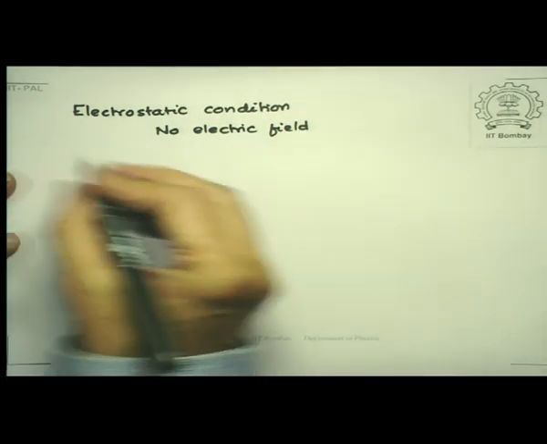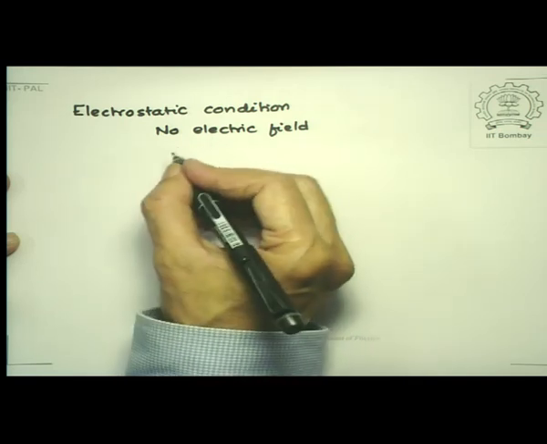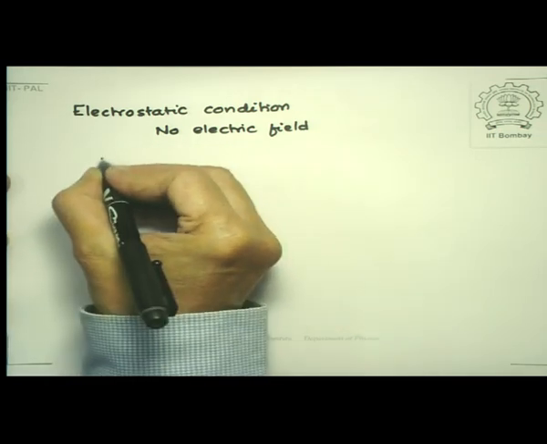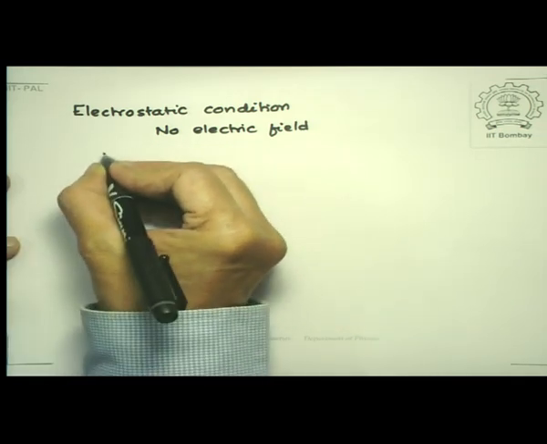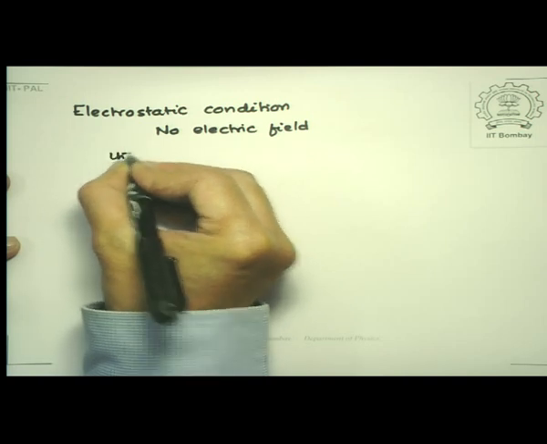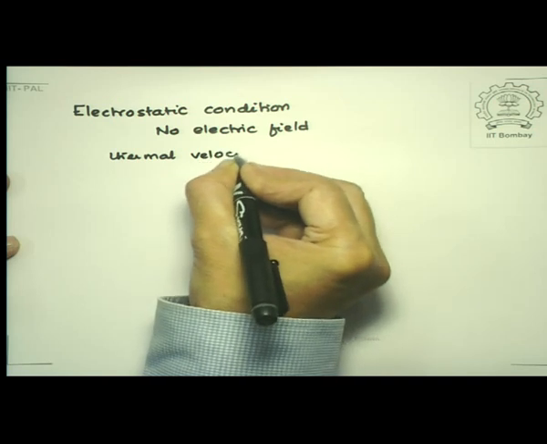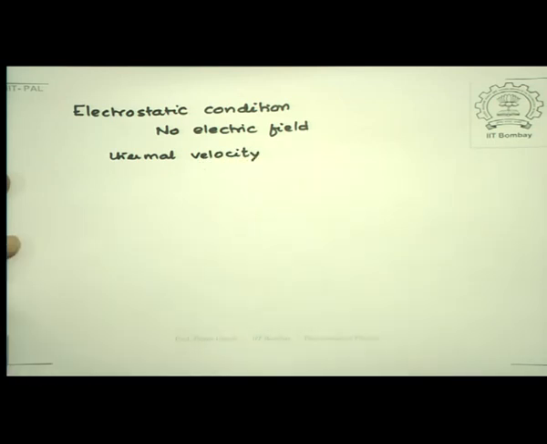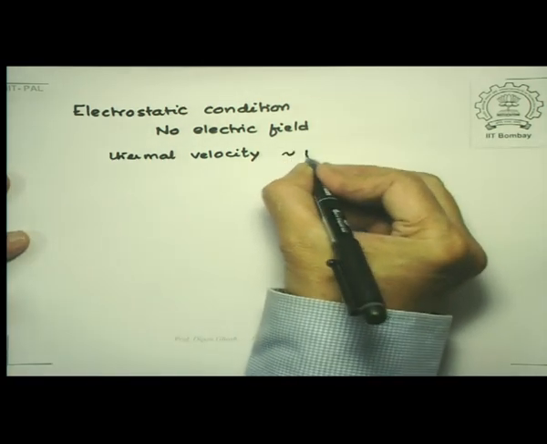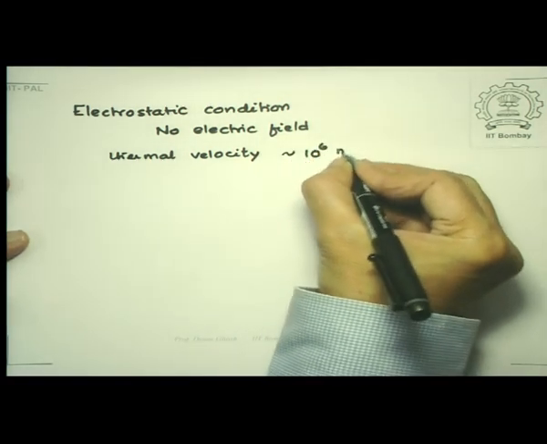What happens is that the free electrons themselves have what are known as thermal velocities. The typical thermal velocity of electrons in a metal is of the order of 10 to the power 6 meter per second, a fairly large velocity.